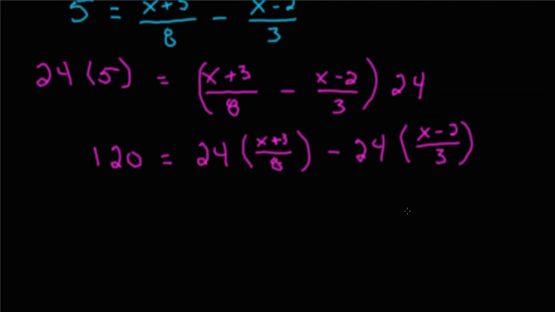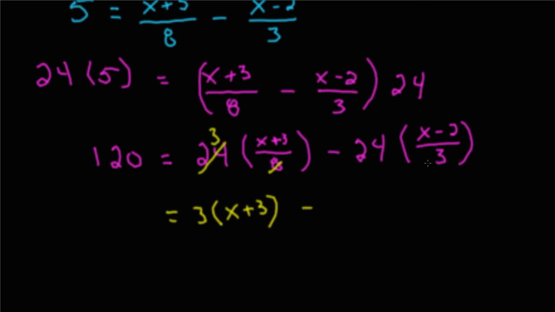Now, when we have a number that we can divide, instead of multiplying it all out and then dividing, we can say 24 can be divided by 8, so that 8 will cancel out with that 24, and we'll be left with 3. So then we'll have 3 times (x plus 3), and there's no more fractions here.